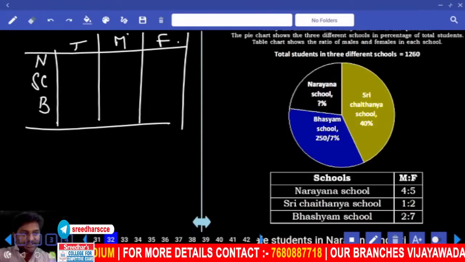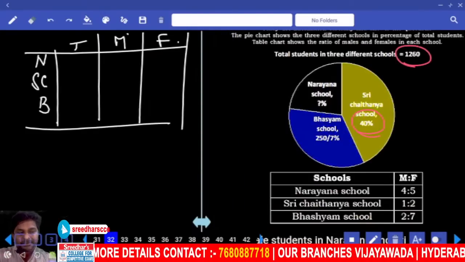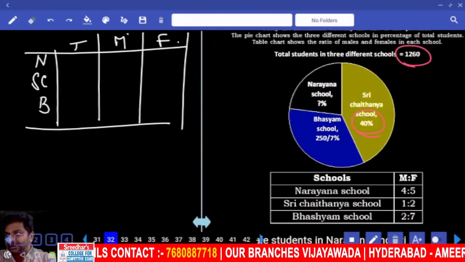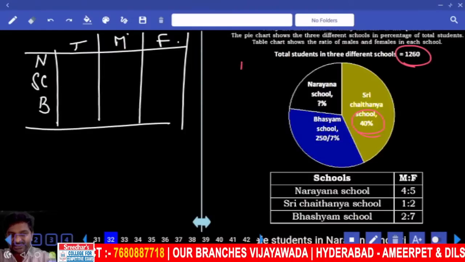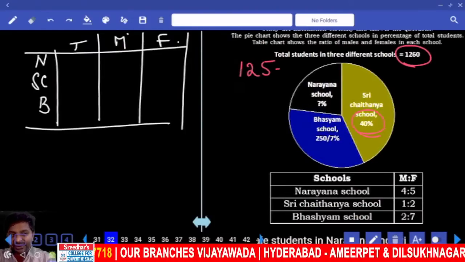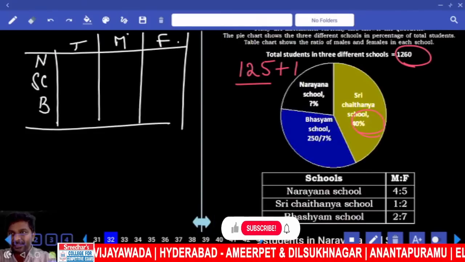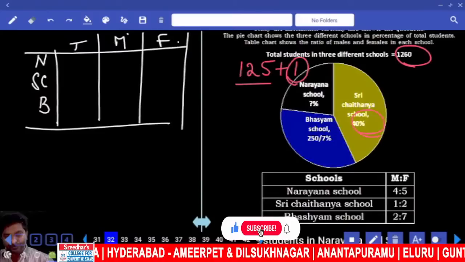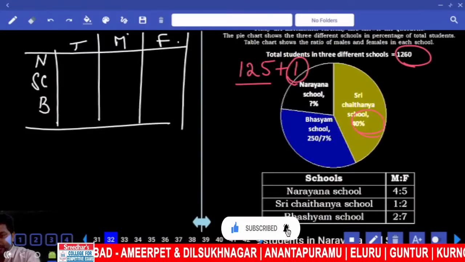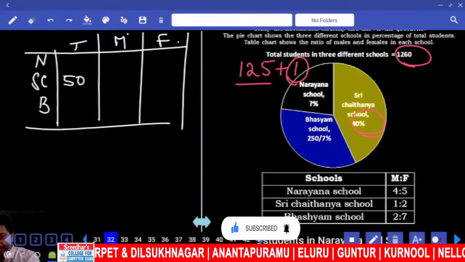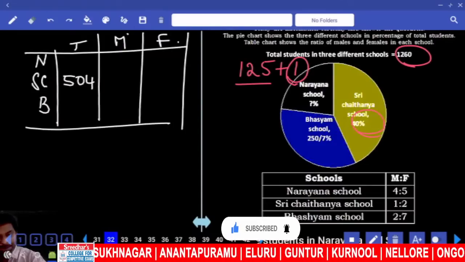Now in Sri Chaitanya total we have 40% of this number. 10%, double. 126, treat it as 125 plus 1, double 250, double 500, 1 into 4, total 504. So order is important, 504 here.